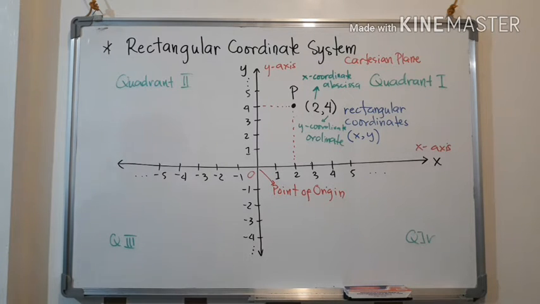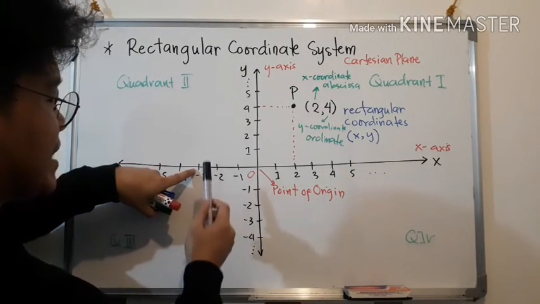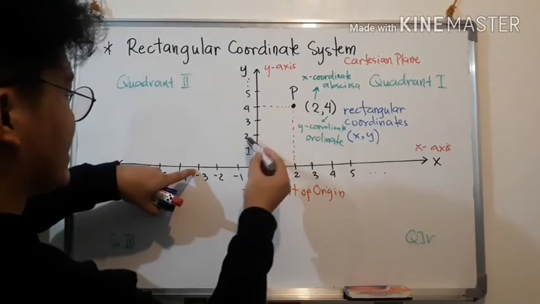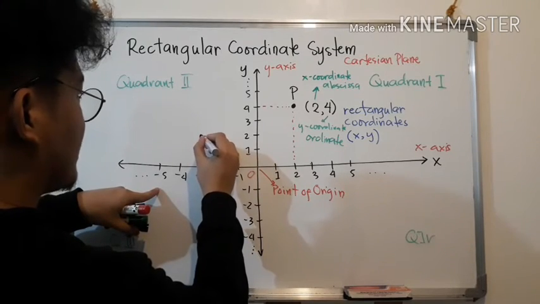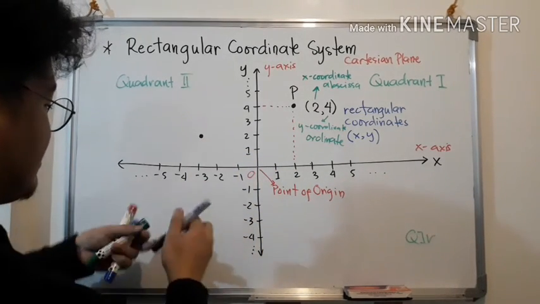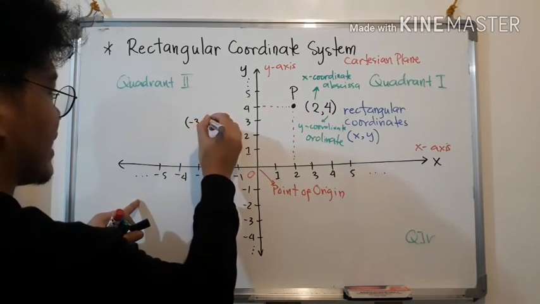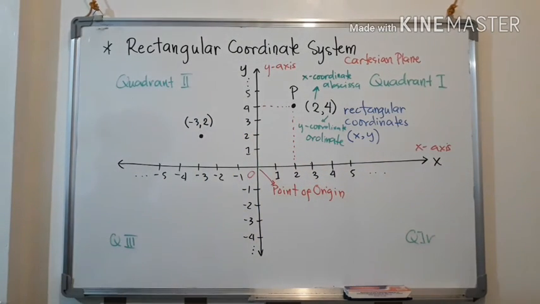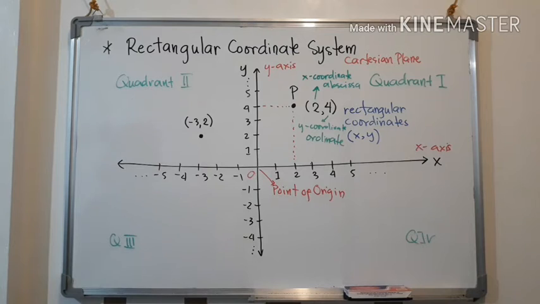So, -3 is on the x-axis, so we have this -3, and +2 is on the y-axis, so we have this. Intersecting these two, this is the point (-3, +2). The process of locating that point is known as plotting of points.